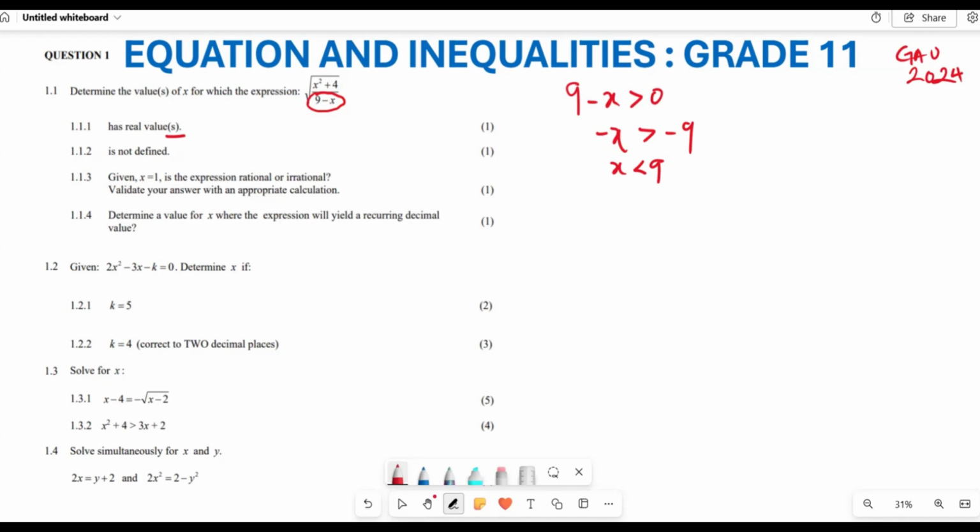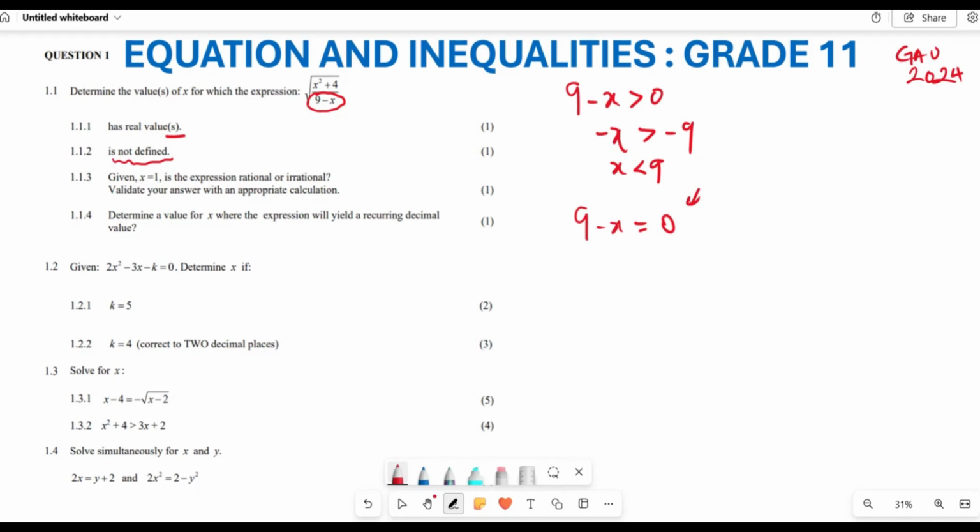Now, if we are looking at our 1.1.2, here they are saying solve for x for this particular expression to be undefined, right? So remember, if in this particular denominator of ours, 9 subtract x is equal to 0, this gives you an undefined.